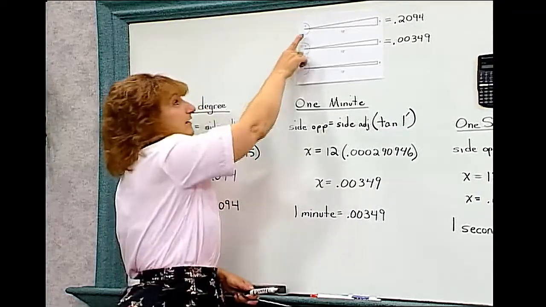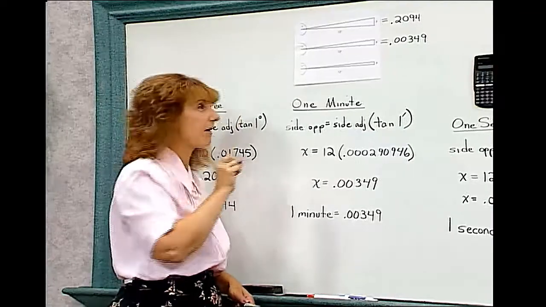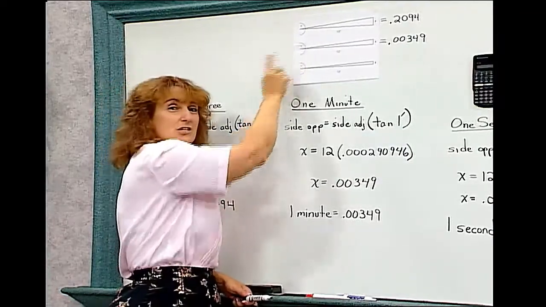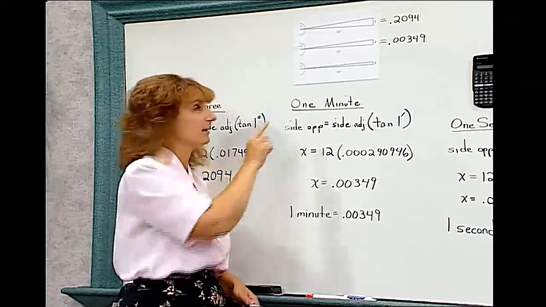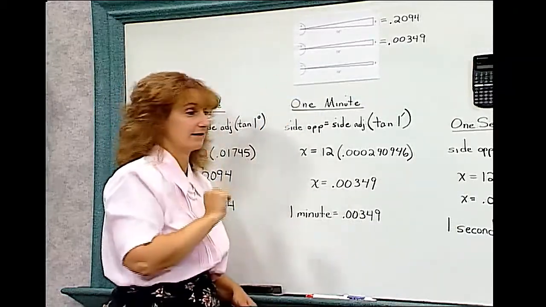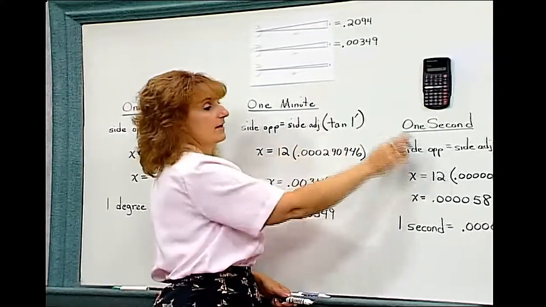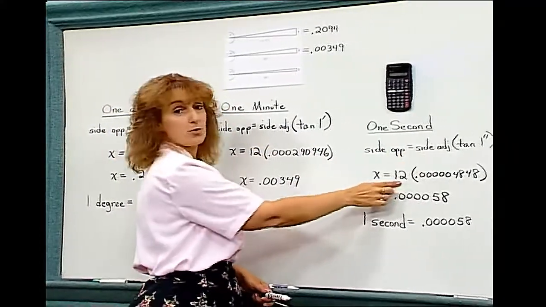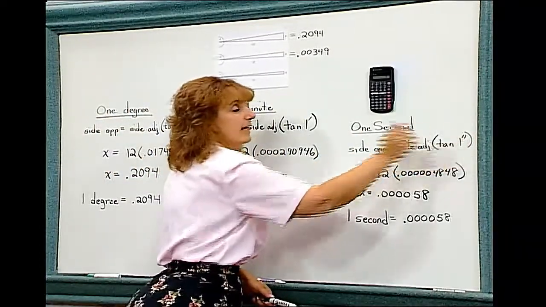Now it's hard to believe that we took that minute and divided it into 60 equal parts. But now we're going to take just one of those parts and divide it 60 more times and get 1 second. We're looking for the side opposite. The adjacent side is still 12, but now we have 1 second.